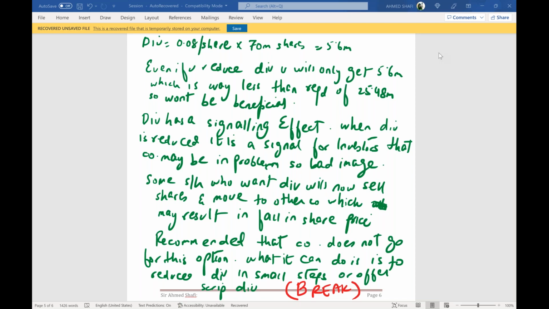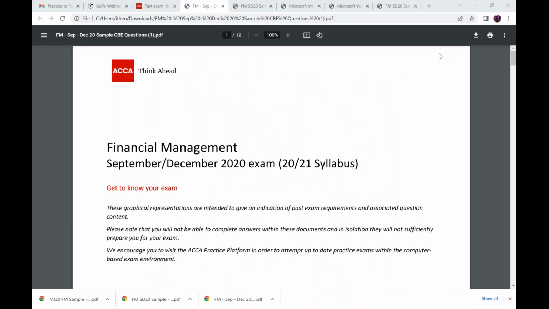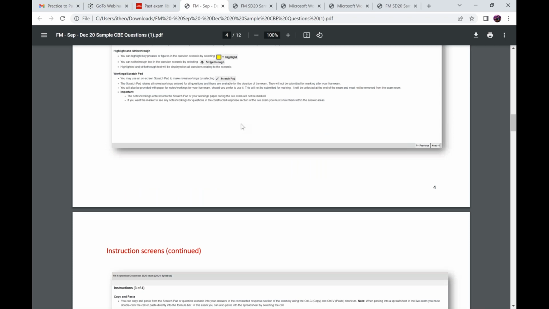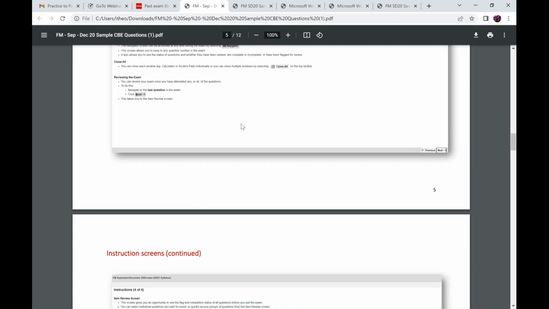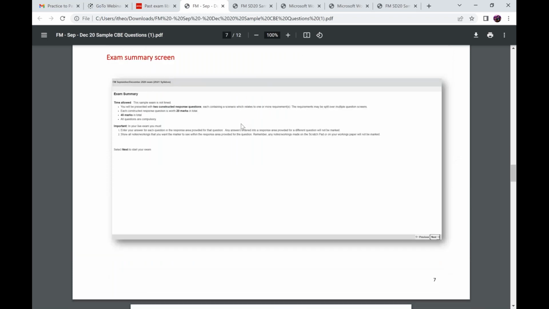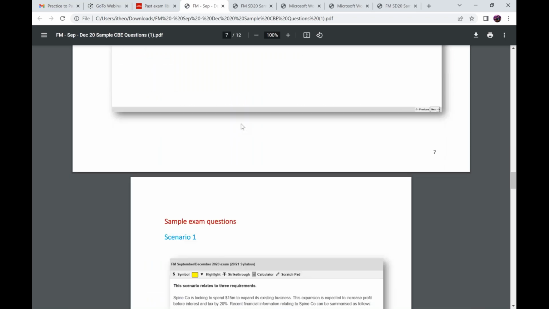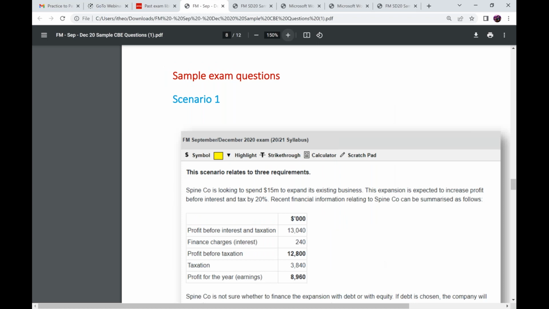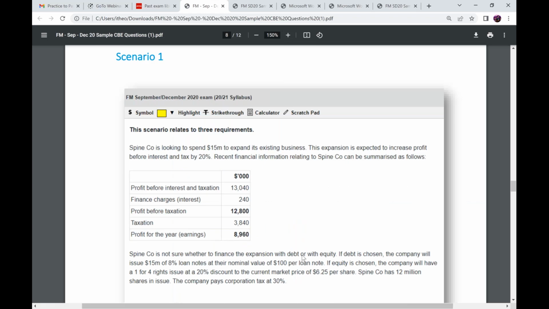This question is from the September, December 2020 exam.